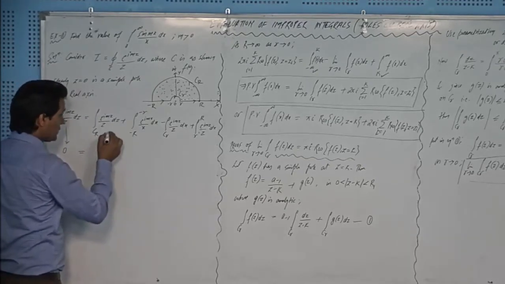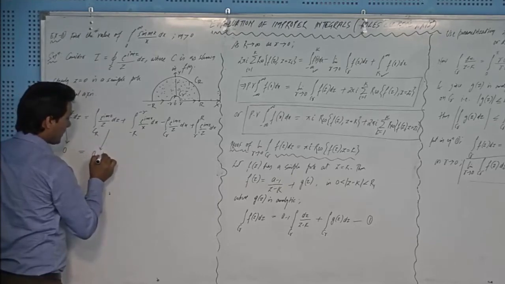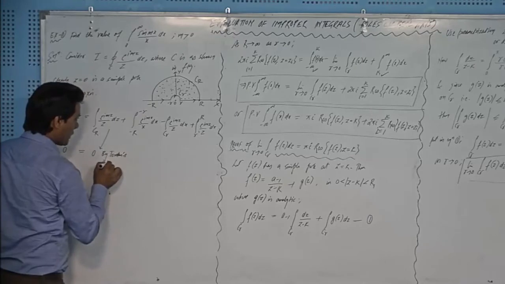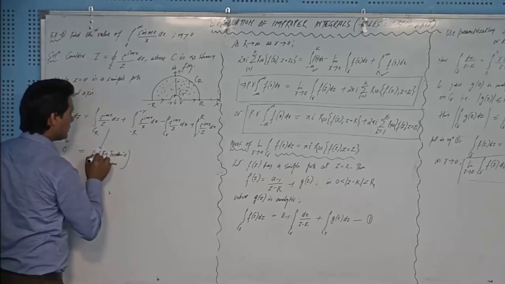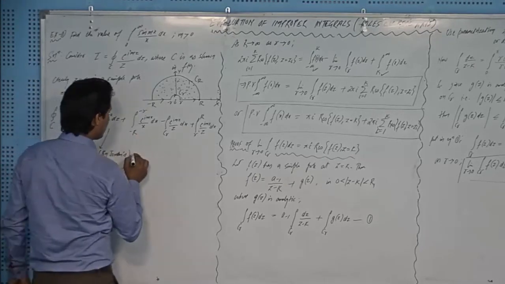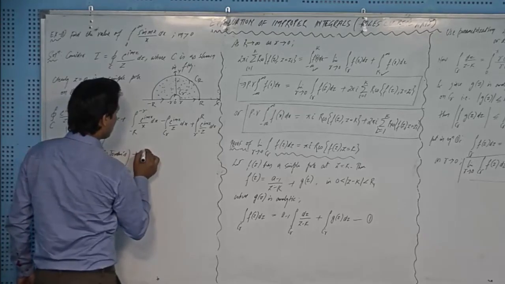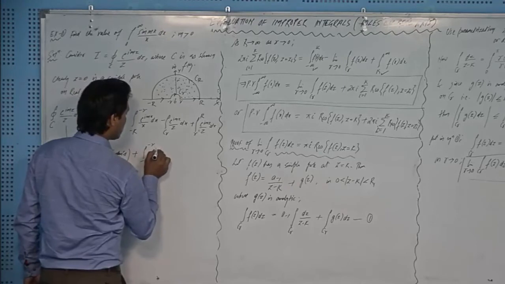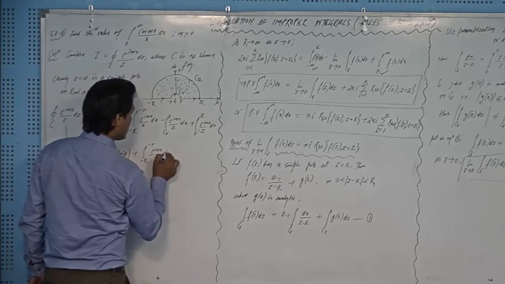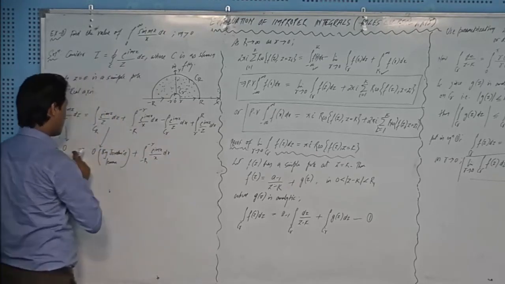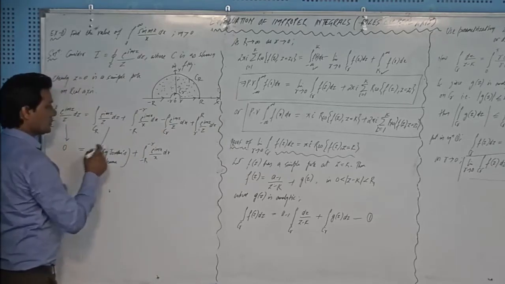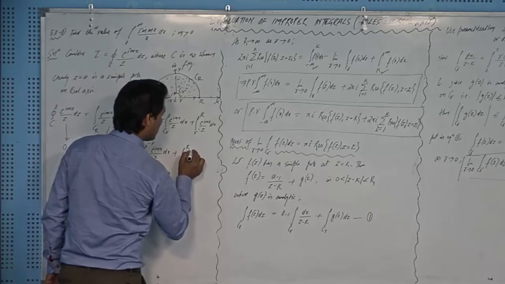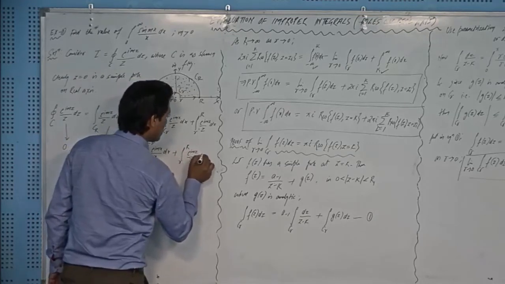I will explain why it goes to 0 by Jordan's lemma. We'll do that here. The rest of the integrals will be like this: minus R to minus r of e to the power iota mx over x dx, plus r to R of e to the power iota mz over z dz.